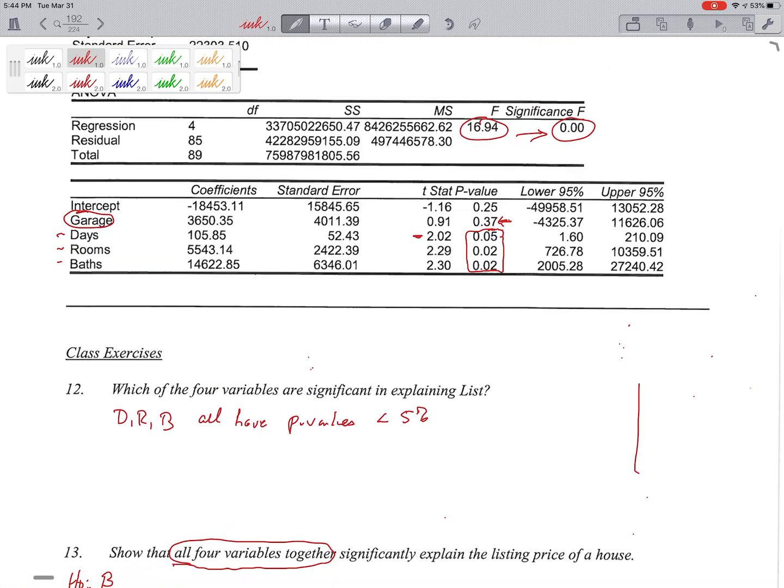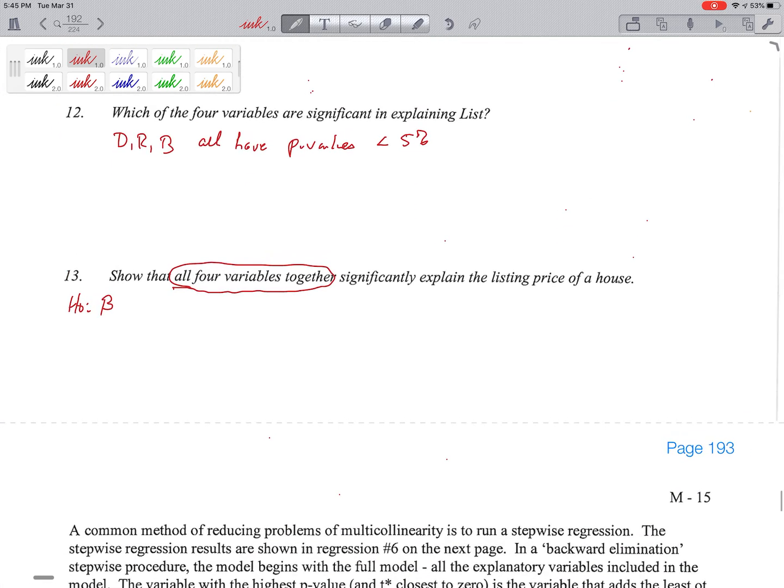And so we're going to, got to see where I place my hand here because it can go kind of goofy on me. So we're saying that the beta for garages is equal to the beta for days is equal to the beta for rooms is equal to the beta for baths is equal to 0 against the alternative that at least one of the betas is not equal to 0.